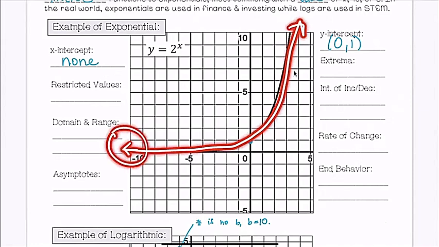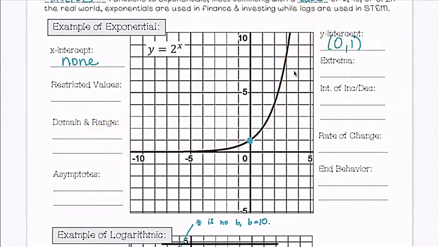It is going all the way to the left with an arrow towards negative infinity, and all the way to the right with an arrow towards positive infinity if we're looking along the x-axis from left to right, not up and down. So it's uninterrupted. There is no value that it doesn't include, so there are no restricted values. And that's going to be true for all exponential functions unless they have a given domain.